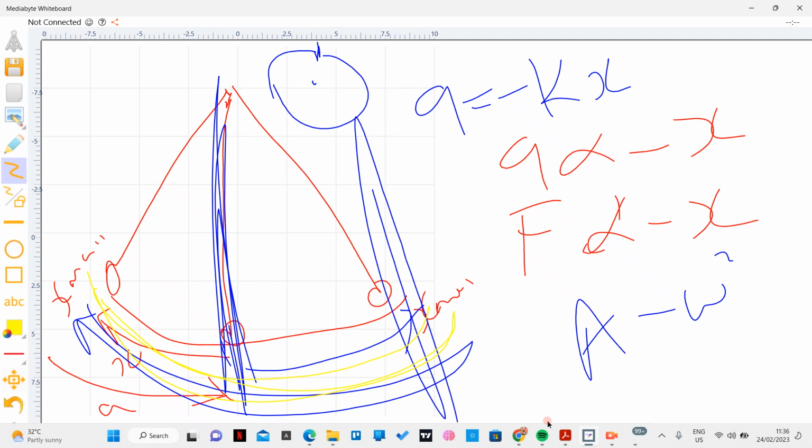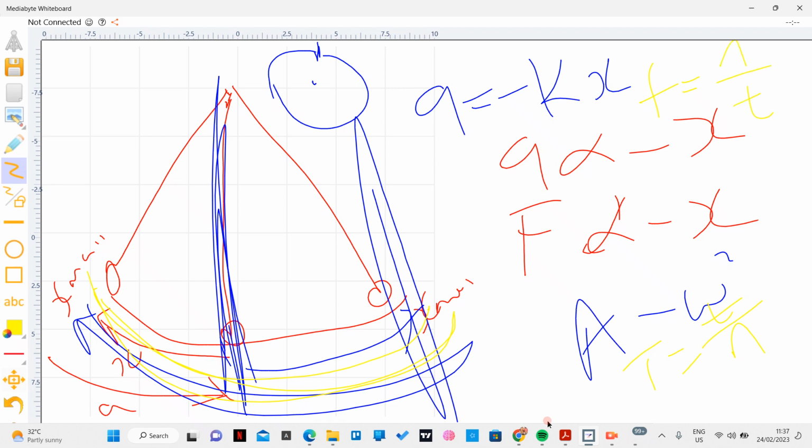The frequency is the number of oscillations that the object undergoes per unit time. Your period T is the time taken to complete one oscillation, so that's total time over number of oscillations. Your frequency is the number of oscillations that can be completed per unit time, so you have n over t.